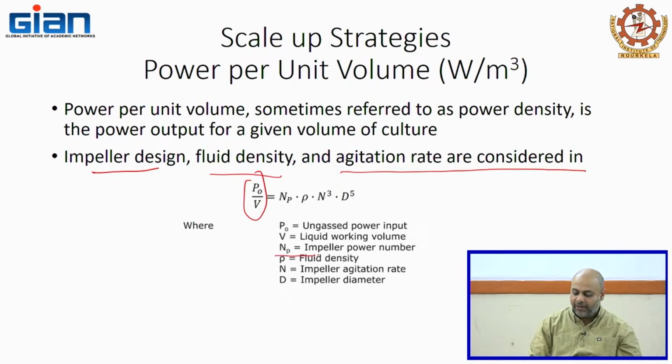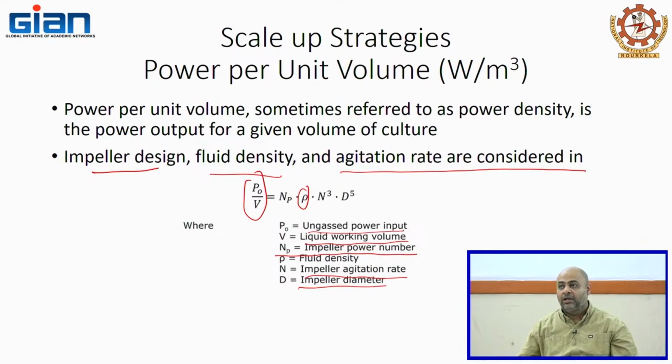So, your NP is the impeller power number, rho is your fluid density, N^3 or N to the power 3, N is your impeller agitation rate, the D is your impeller diameter, the V is the liquid working volume and the P naught is the ungassed power input.